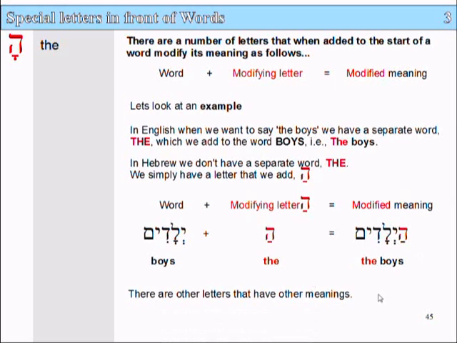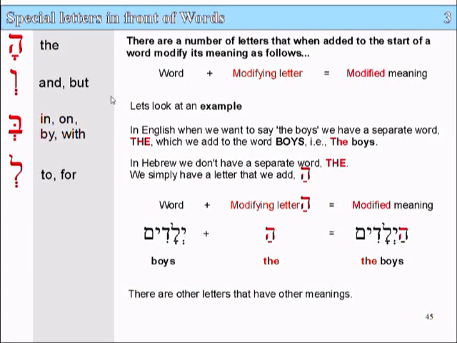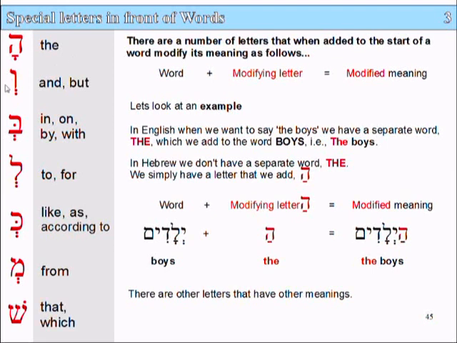There are other letters that have other meanings, and we'll have a look at those in this lesson. In the first half of the lesson, we'll just look at these two, the hey and the vav. The hey means the, and the vav, when put in front of a letter, or in front of a word, means and. And in the second part of the lesson, we'll have a look at the bait, the lamed, the kaf, the mem, and the shin.